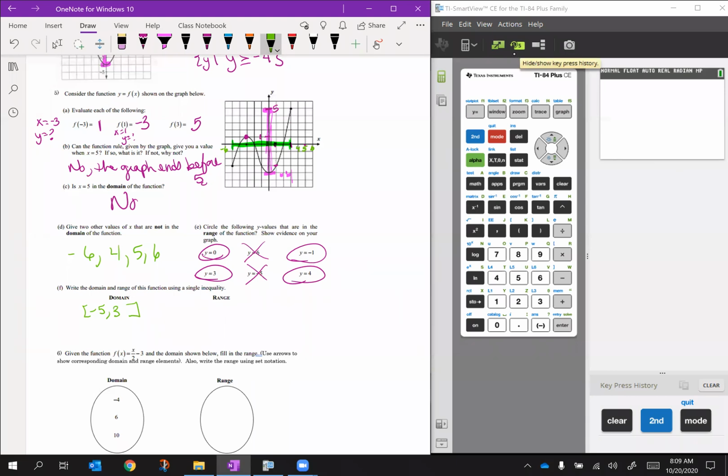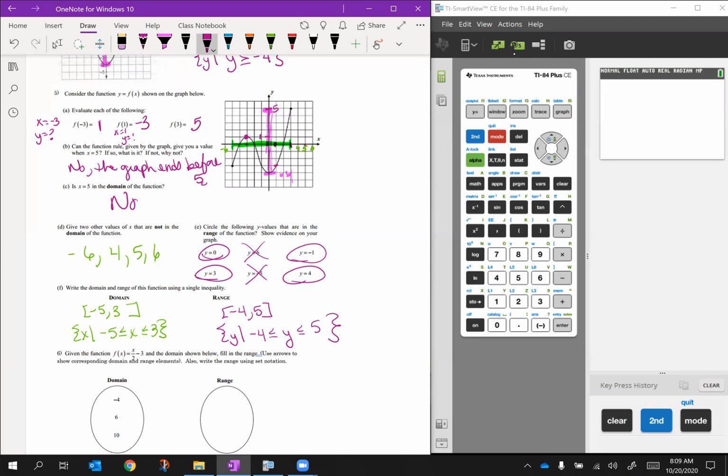So as an inequality, it'll be -5 is less than or equal to x, which is less than or equal to 3. Our range, so we're going to the purple. Our lowest was -4. Our highest was 5. So now as an inequality, -4 is less than or equal to y, which is less than or equal to 5.